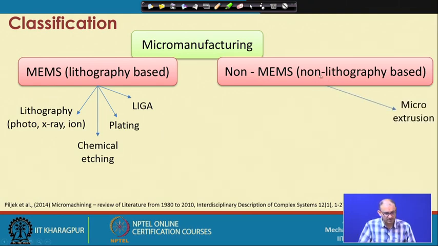Now, in MEMS basis, this classification is a little bit different, because here we are discussing only the processes which are used for fabrication of 2.5D products, or related to the MEMS product. So, here micro extrusion is coming, and micro extrusion is actually one type of forming operation.